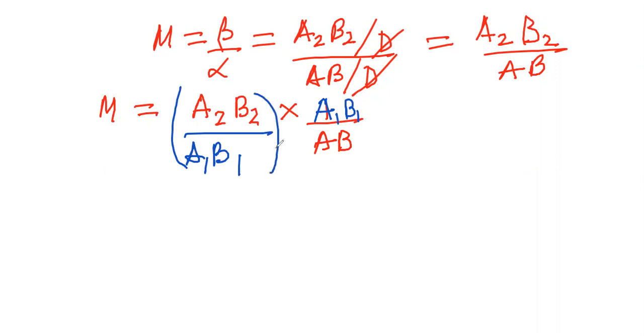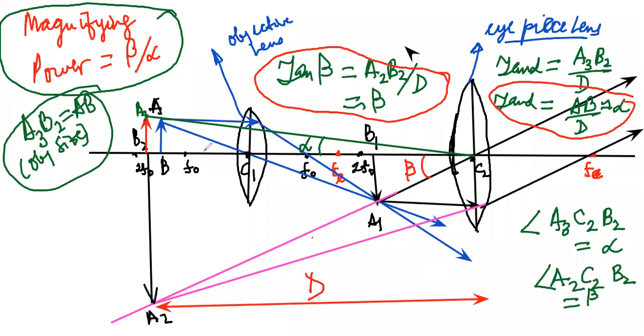So this is A1 B1 by AB. Can I not say, if I turn the page, that A1 B1 by AB is the magnification of the objective, and A2 B2 by A1 B1 is the magnification of the eyepiece?